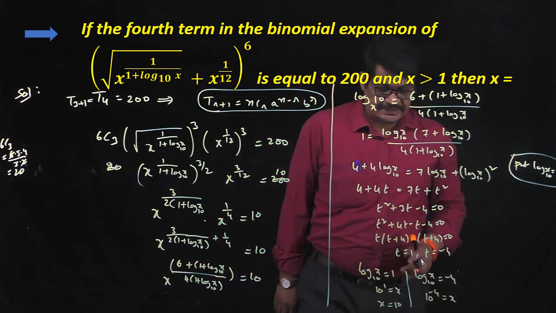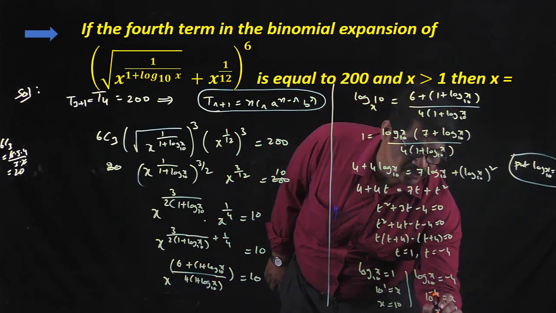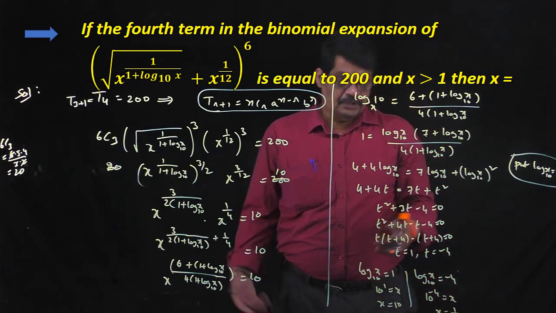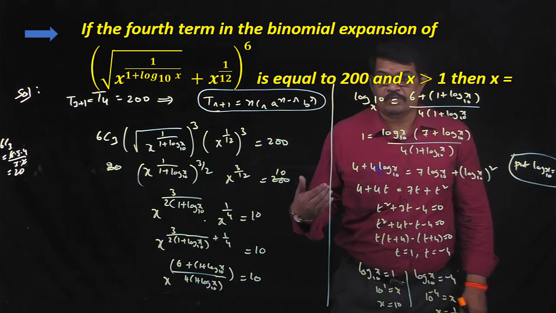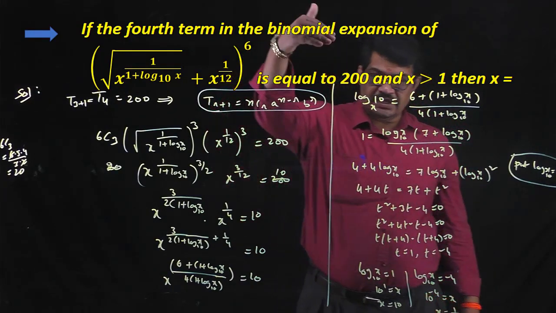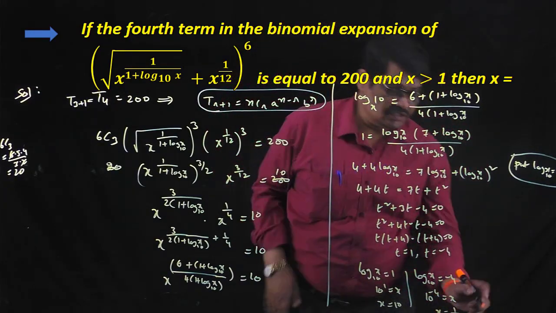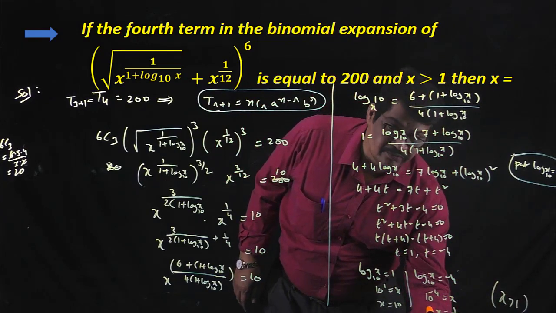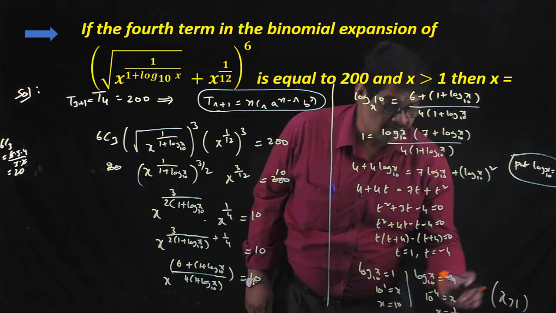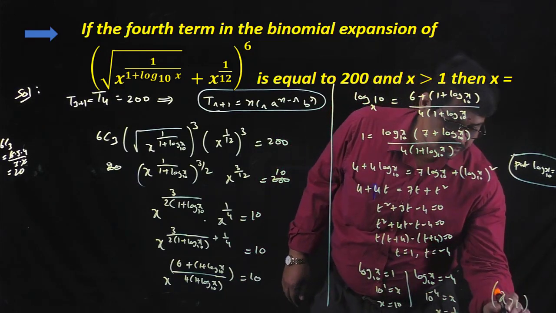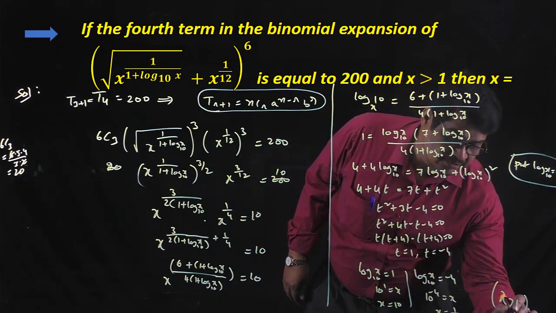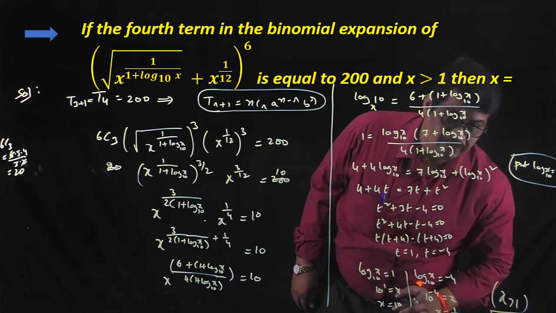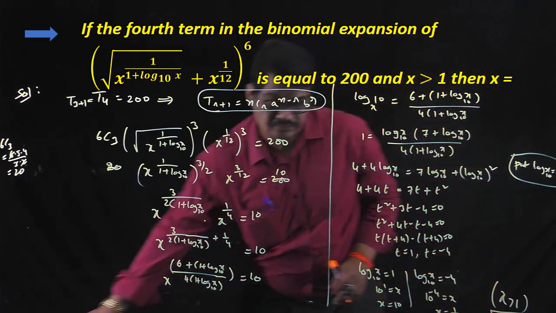So then x is equal to 1 by 10 to the power of 4. Here given in the problem, x is greater than 1. Since x is greater than 1, therefore the value of x we take is 10. The value of x is 10.